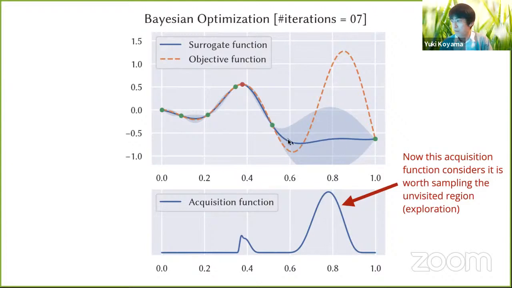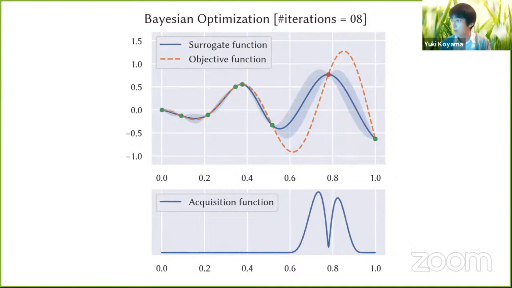Even though the predicted value is not very high, the uncertainty is very large, so it prefers exploration of this unvisited, uncertain region.